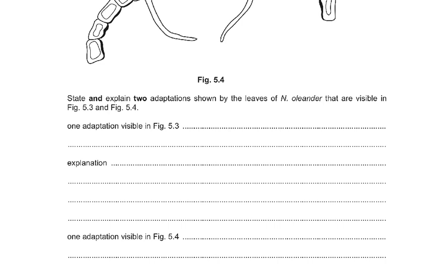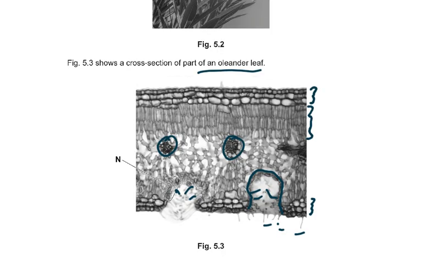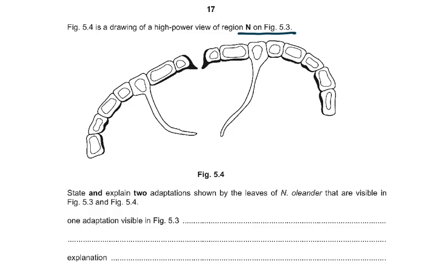Now it says figure 5.4 is a drawing of a high power of region N on figure 5.3. N on figure 5.3, this area. And it says state and explain two adaptations shown by the leaves of oleander that are visible in 5.3 and 5.4.